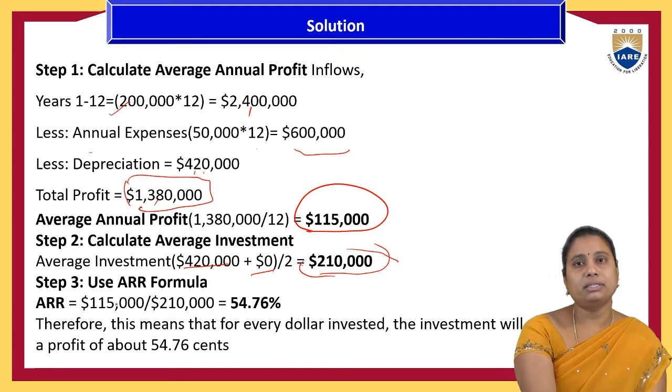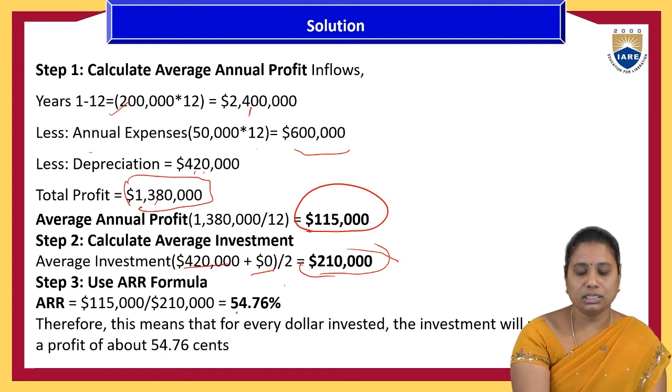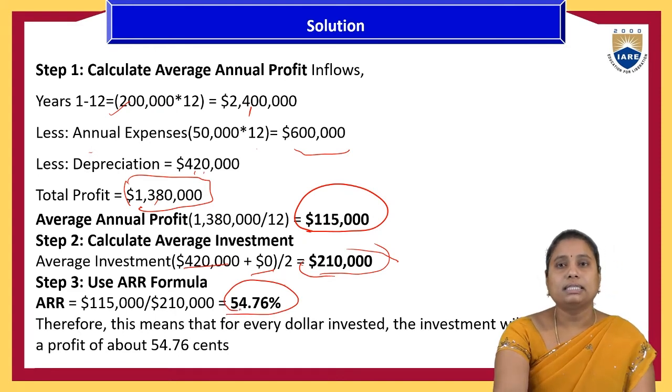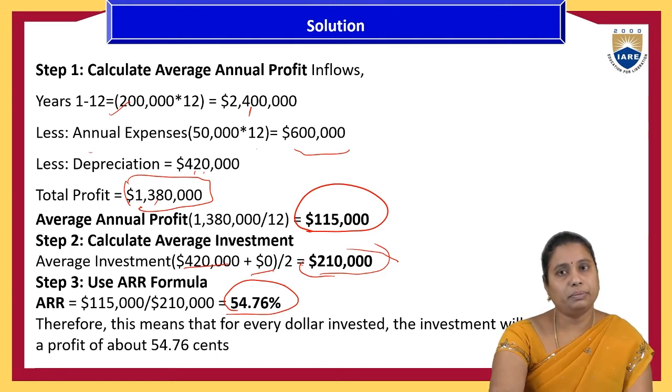Applying the ARR formula, average annual profits divided by average investment, gives 54.76%. That means every rupee invested returns 54.76 paisa.